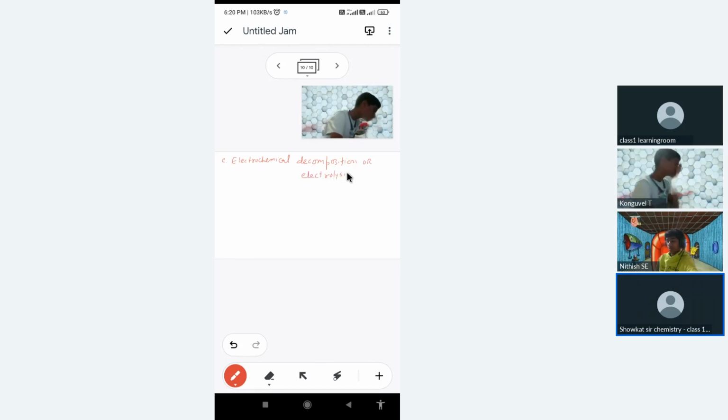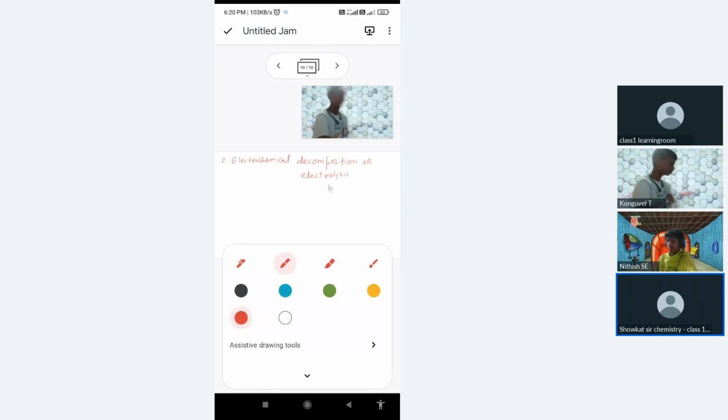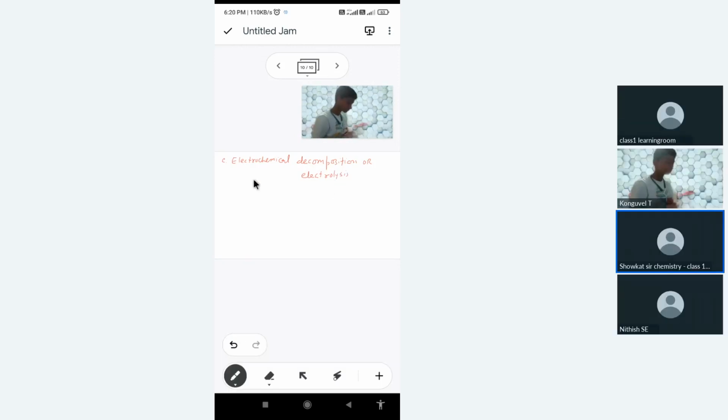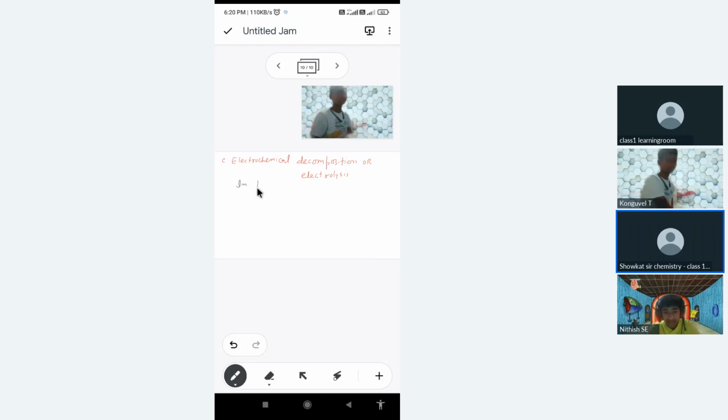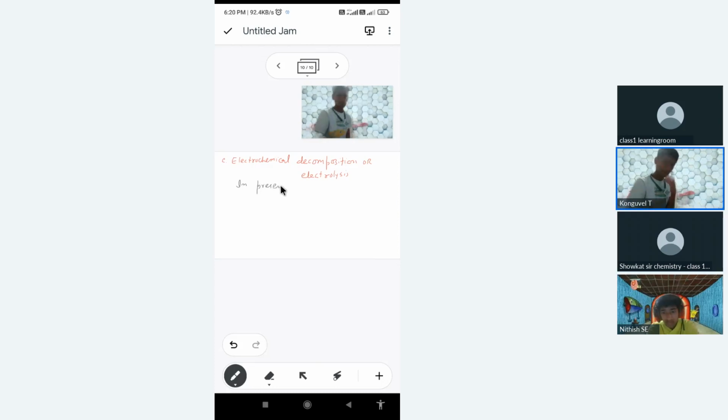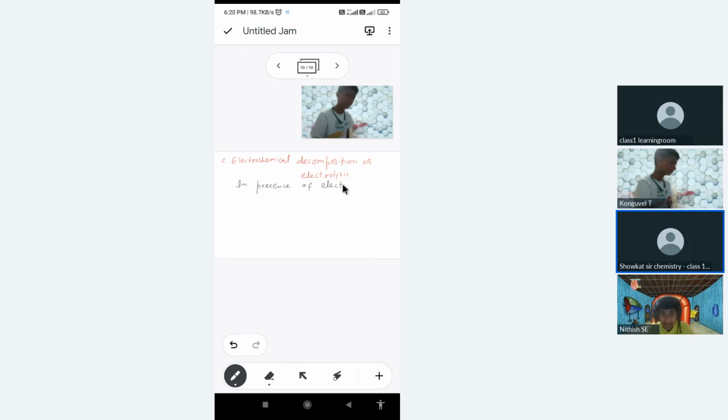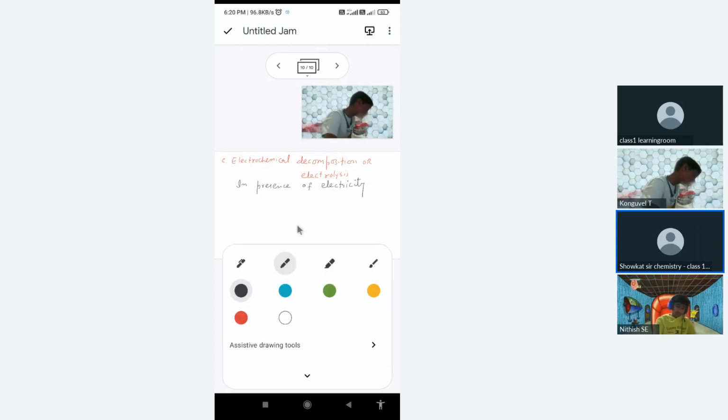That means this type of decomposition reaction takes place in presence of electricity, the electric current. So we have to pass electricity in order to decompose a particular compound.